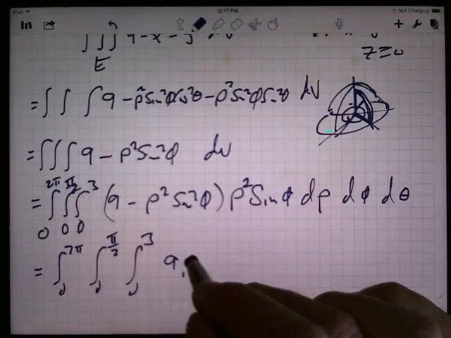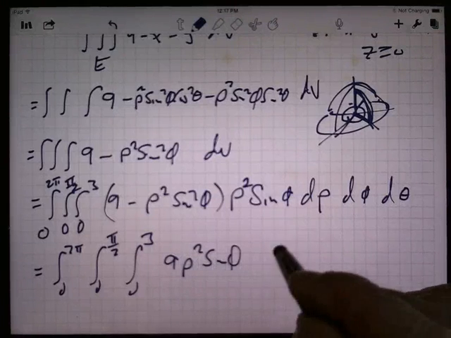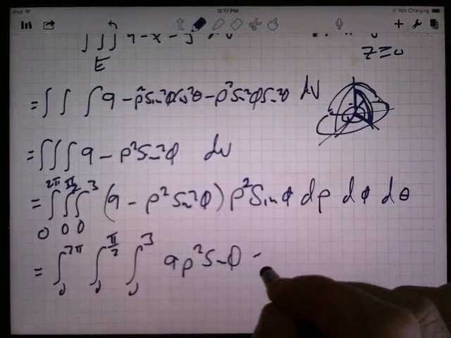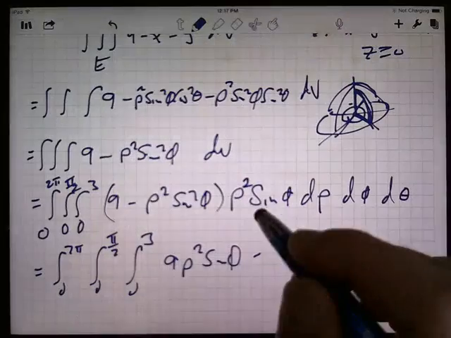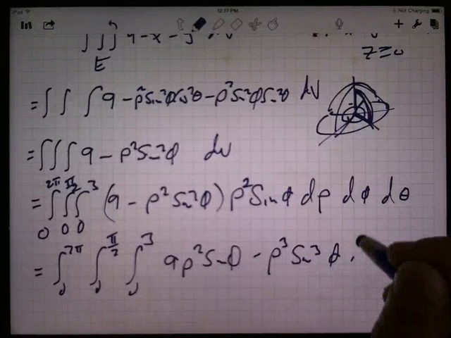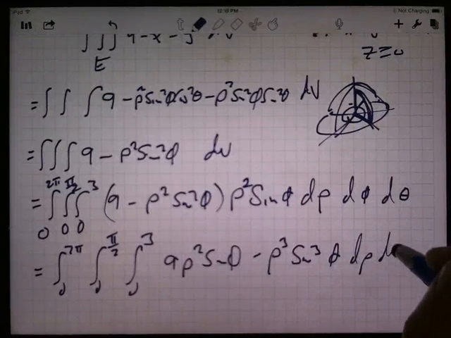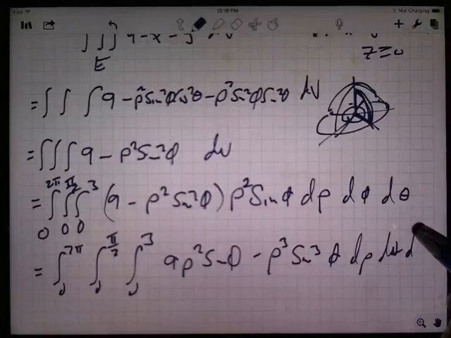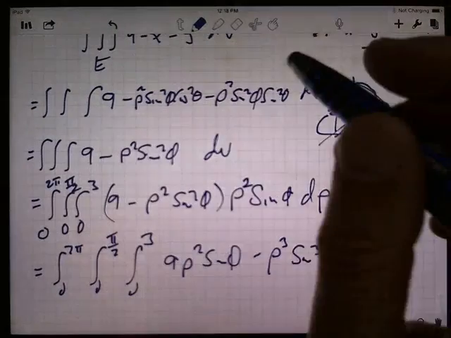So I've got 9 rho squared sine phi minus rho cubed sine cubed phi d rho d theta d phi. Actually, sorry, d phi d theta is the way I have it set up.